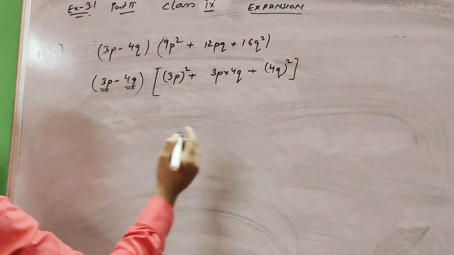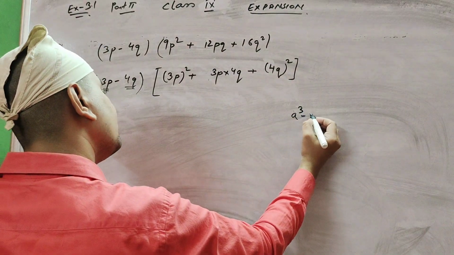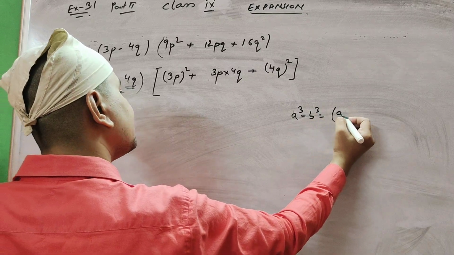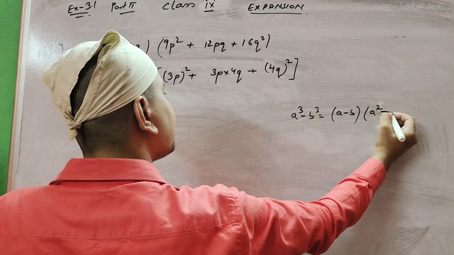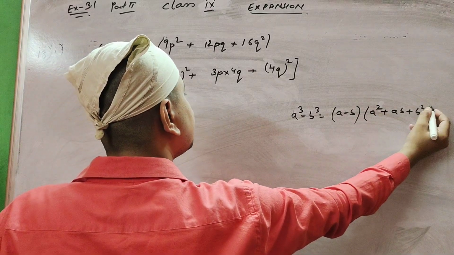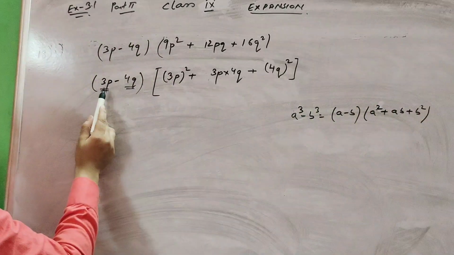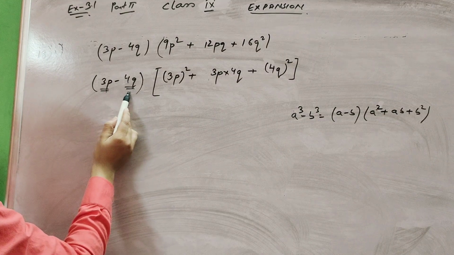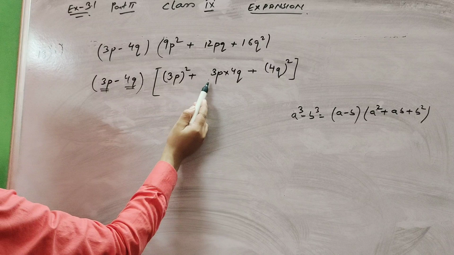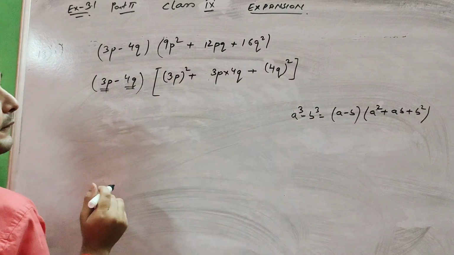Done. So we know that the formula of a cube minus b cube is a minus b, a square plus ab plus b square. It looks the same, with 3p as a and 4q as b. So a minus b, a square plus ab plus b square.